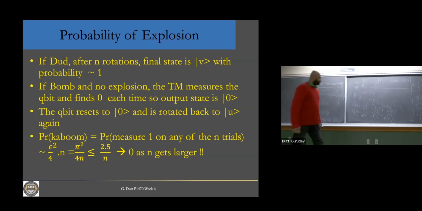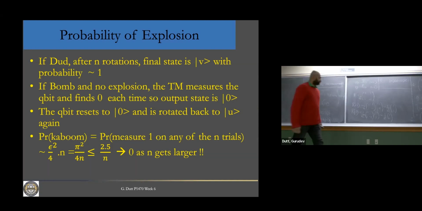The probability to measure 1 on any of those n rounds is the probability that I measure on one round times the number of trials, which is epsilon squared over 4 times n. Substituting for epsilon, we get phi squared over 4n, which is always less than 2.5 over n.